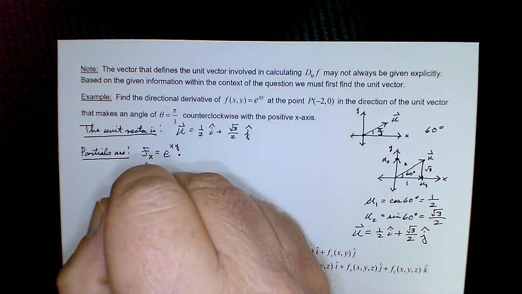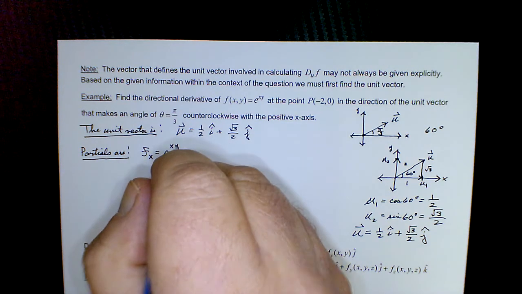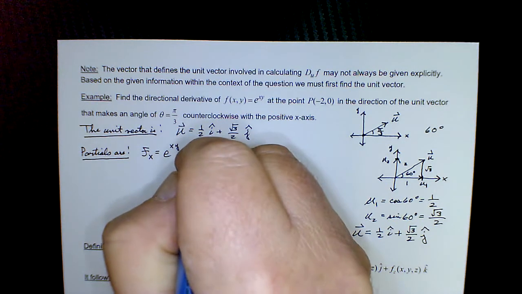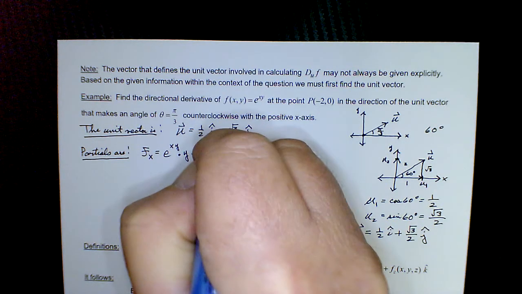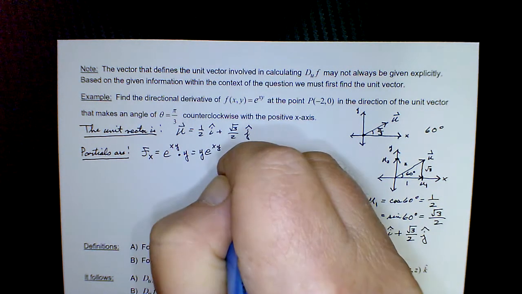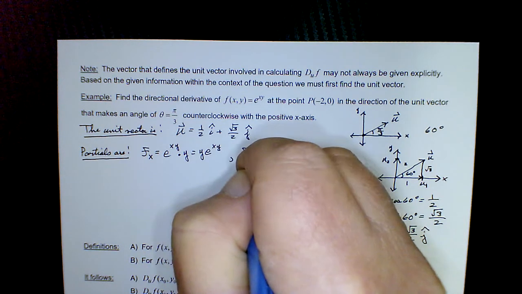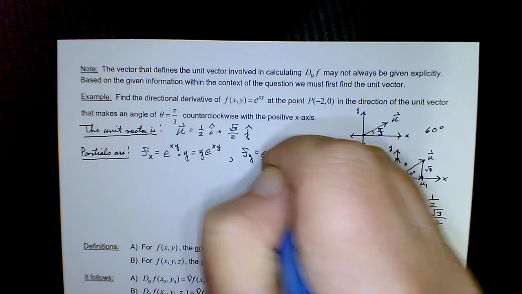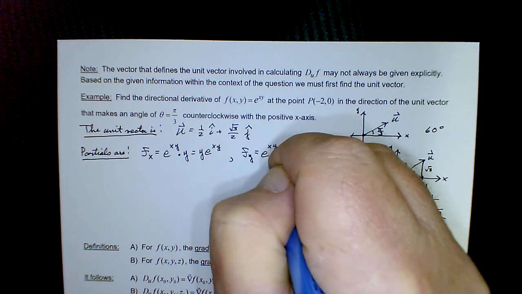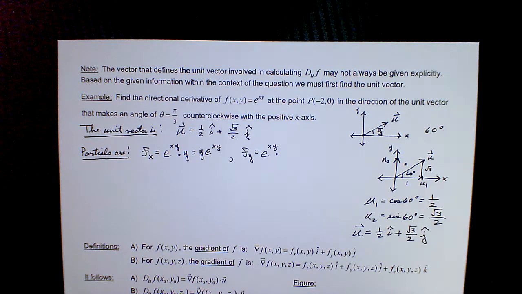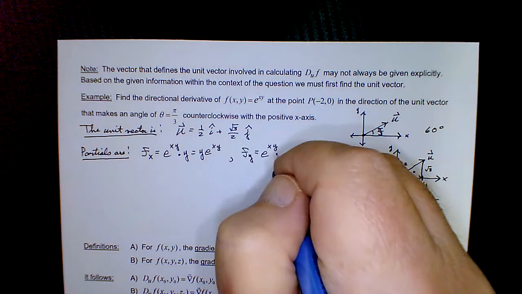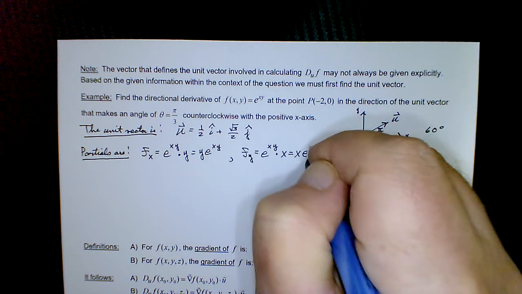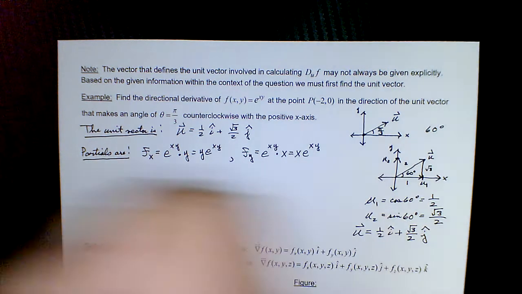We're differentiating with respect to x, so y is a constant, derivative of x is 1, so y tags along, so y e to the xy. And then similarly for f sub y, again the formula for e to the u, so e to the xy, but now the derivative of xy with respect to y, where x is held as a constant, would be x. So x e to the xy.